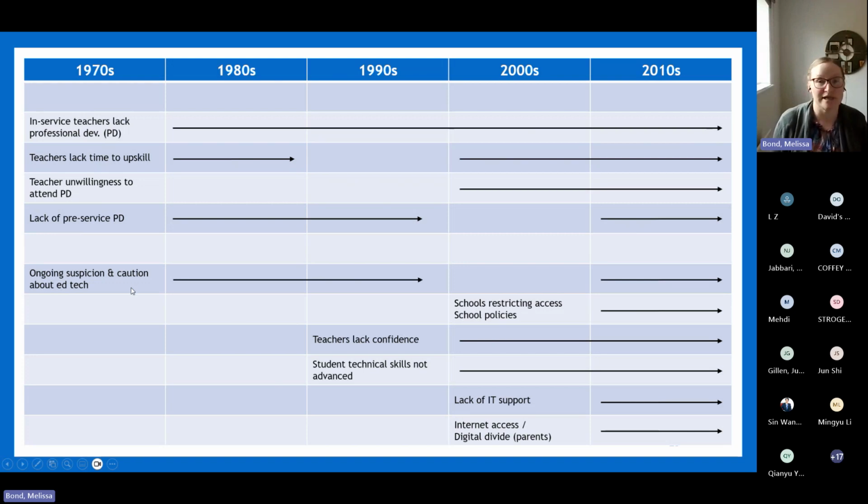For example, the ongoing suspicion and caution about educational technology. So it is a form of thematic synthesis where we're able to identify themes that have occurred in the studies, but it's using a slightly different approach, using that computer-assisted approach.